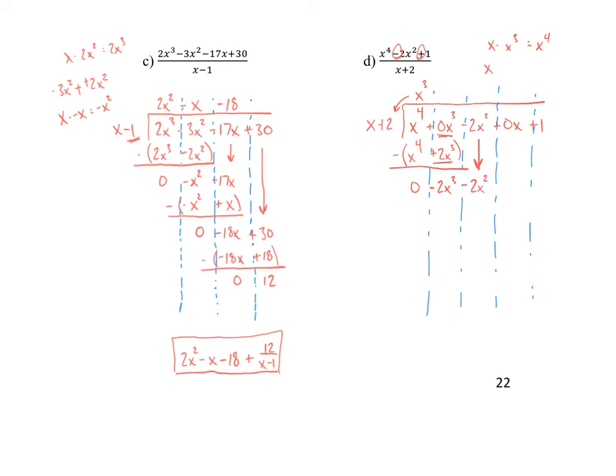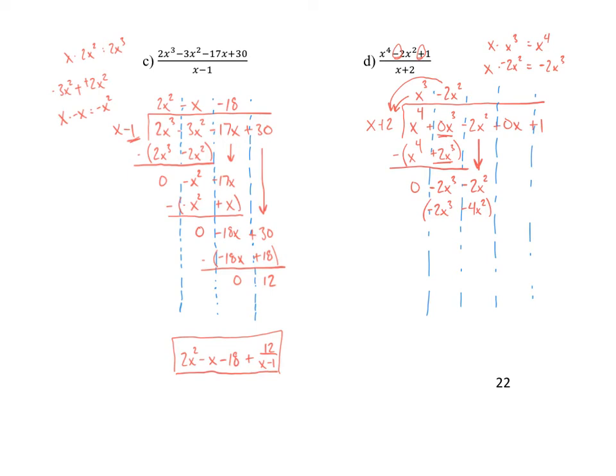All right, how many times does x go into negative 2x cubed? That's going to be negative 2x squared times. Negative 2x squared times x is negative 2x cubed, which is good. That means we did that right. Now we have to do negative 2x squared times 2. It's going to be negative 4x squared.